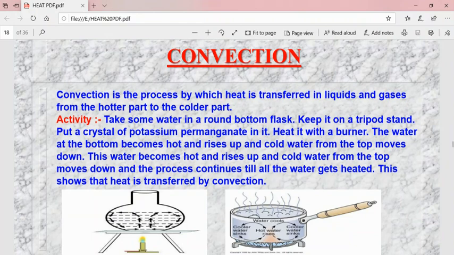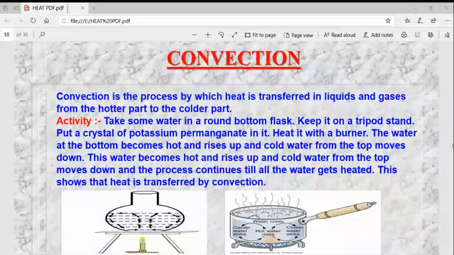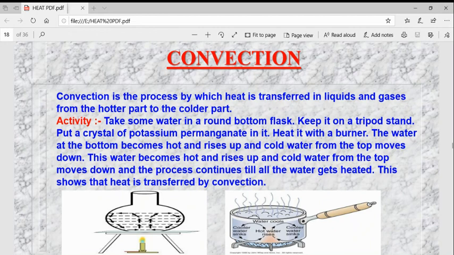Here this activity shows how the convection process takes place. You will see the colored stream of potassium permanganate reach the top surface of the water, and then the water which is at the surface will come down because it is more dense.